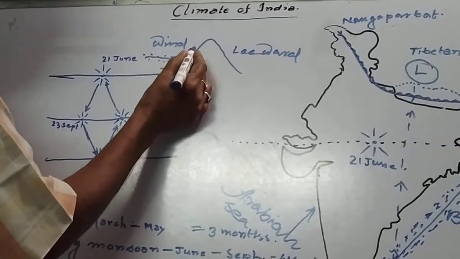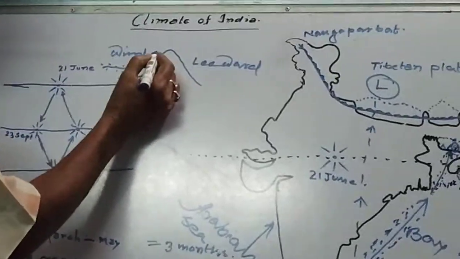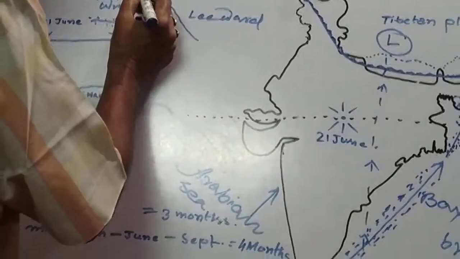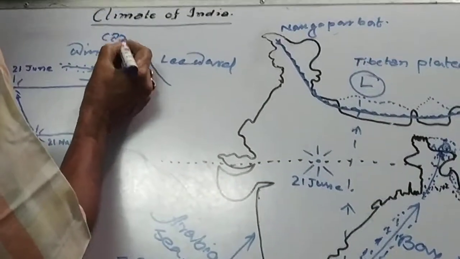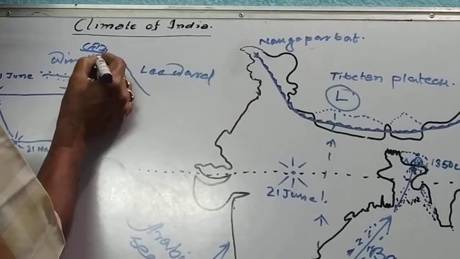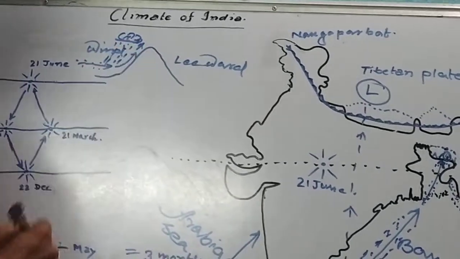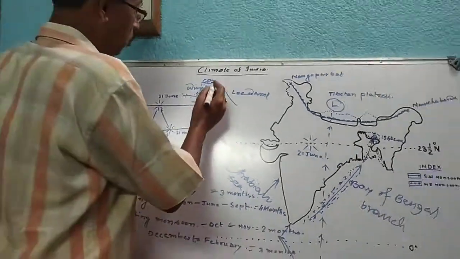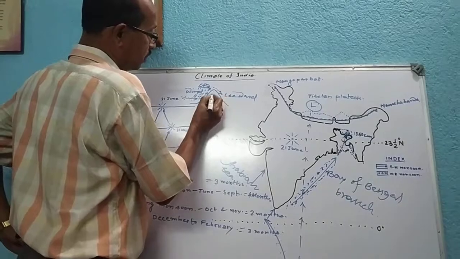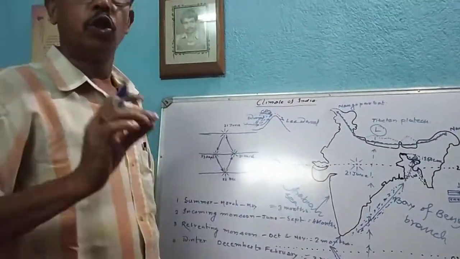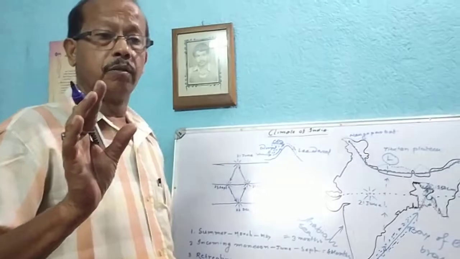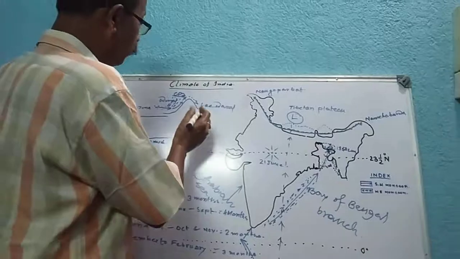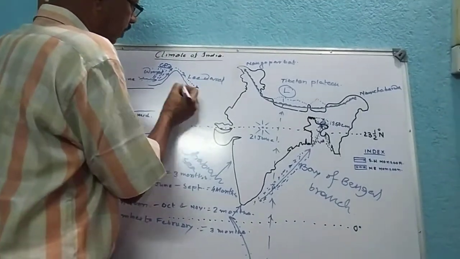When it is forced to ascend along the slope, it loses its temperature according to the normal lapse rate. Then water vapor present in the atmosphere gets condensed and causes rainfall on the windward slope. This type of rainfall is known as orographic rainfall. After causing the rainfall, when it passes over the next slope, the leeward slope, it has no remarkable amount of moisture with it, so it doesn't cause any rainfall or maximum rainfall.